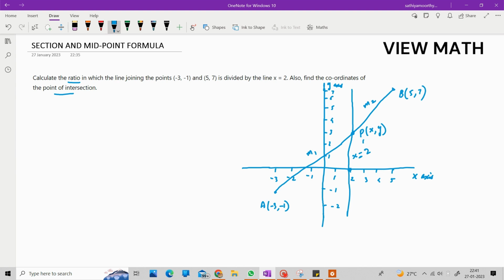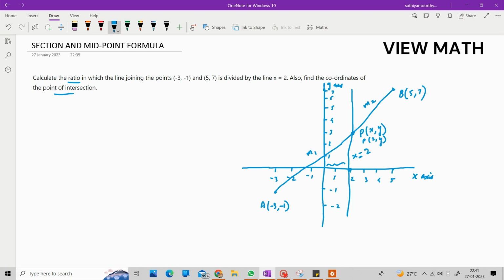So P takes (2, y). I have taken the point of intersection in general as (x, y), but I know the x coordinate, so the y coordinate alone I need to find out. It is (2, y). I think it is clear.